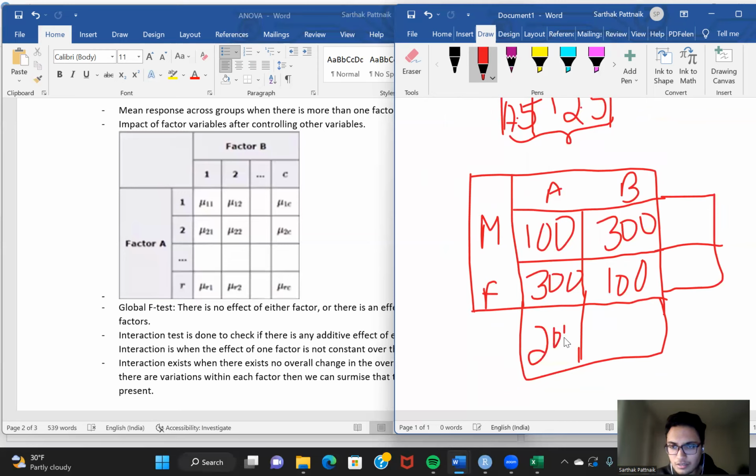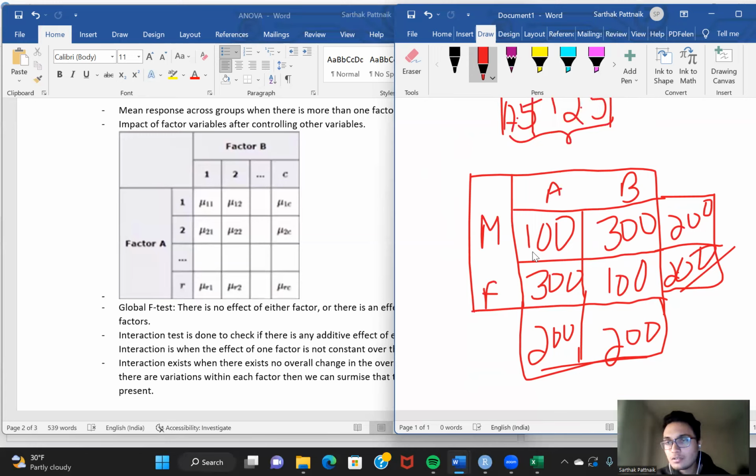This will be 200, 200, 200, 200. So here the marginal means for male and female keeping drug A constant, and for male and female keeping drug B constant, are the same.